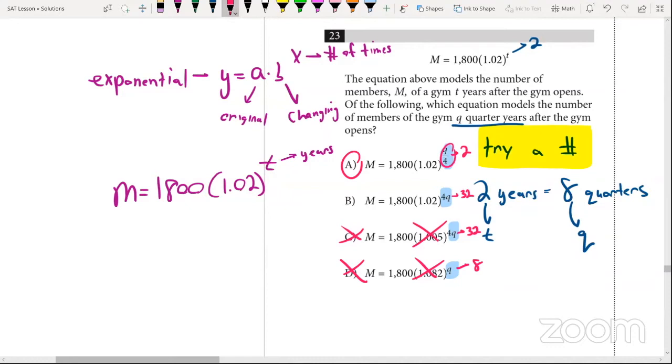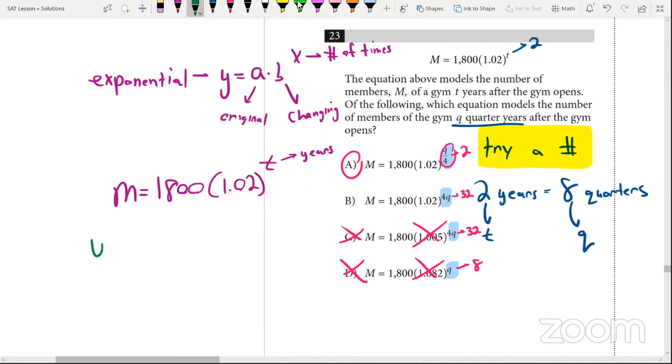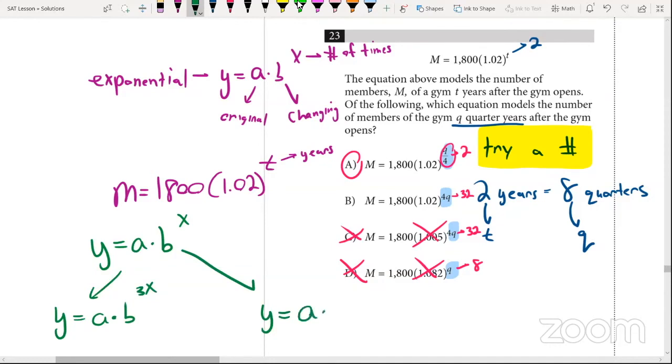Now, on other problems that talk about the same concept, what you want to consider is, if I have my y equals a times b to the x, and I multiply right here, so let's say that I have y equals a times b to the 3x, versus if I divide. So let's say we have y equals a times b to the x over 3.